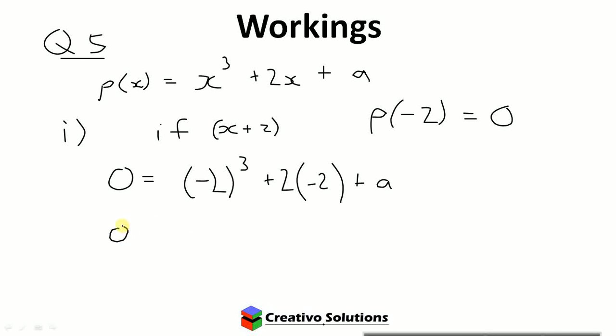So what is minus 2 cubed? Minus 2 times 2 is 4, 4 times 2 is 8. Negative times a negative times a negative, there's an odd number of negatives, so the answer is negative. Minus 8 minus 4 plus a. Take that across, it becomes 12. So 12 equals a, or a equals 12. There's the answer. Okay, done.